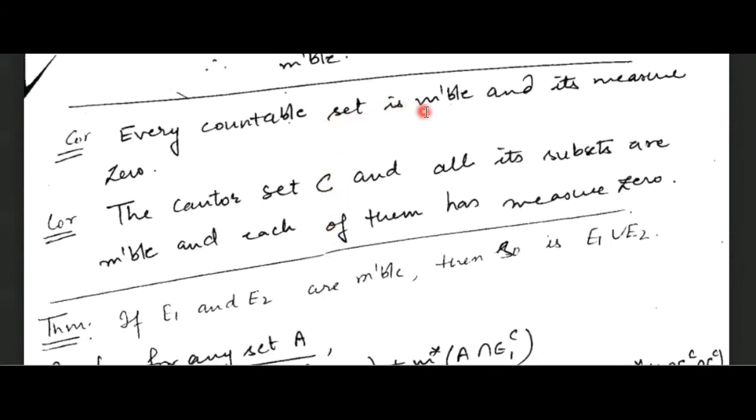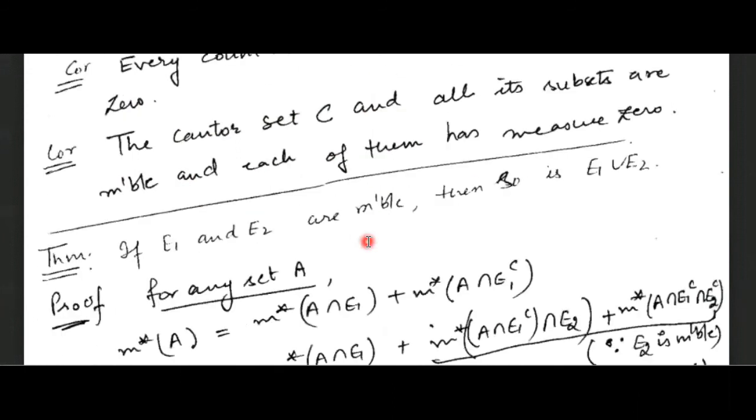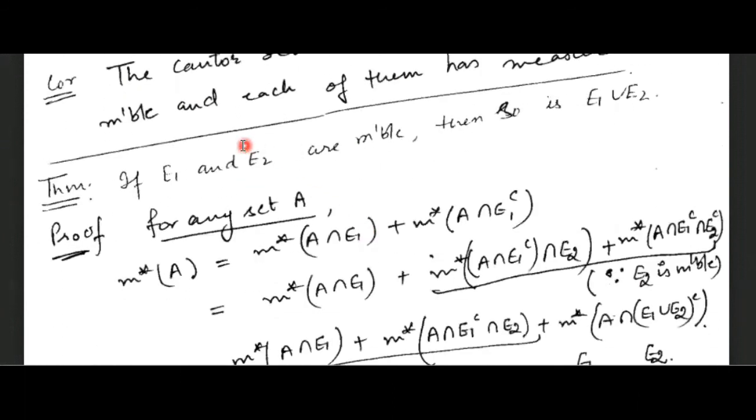Similarly, every countable set is measurable and its measure is 0, because we know that a countable set has outer measure 0, so by the above result, it is measurable. Similarly, for the Cantor set, we know that its measure is 0, so it is also measurable and every subset of it is also measurable.